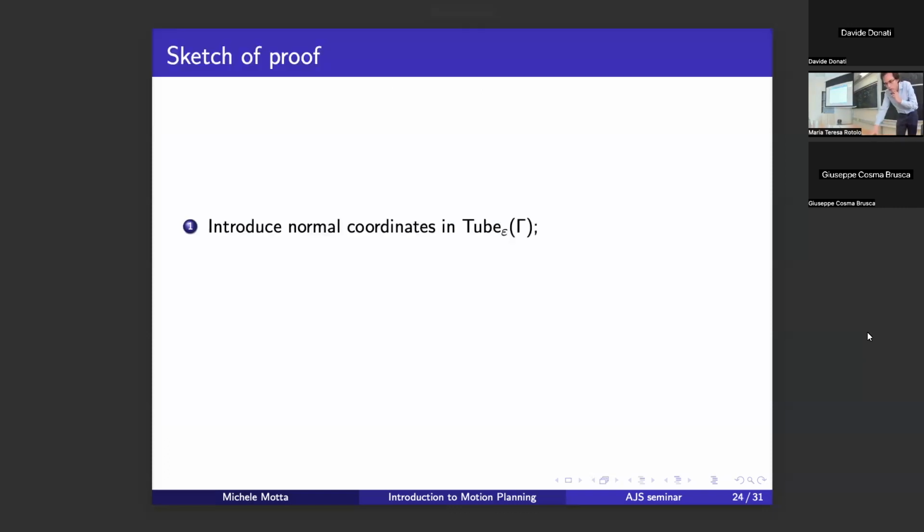Okay, so how do we prove this theorem in general? Basically, you want to reduce the general case to the Heisenberg case. To do this, first you introduce normal coordinates in the tubular neighborhood of the curve, because we are interested only in what happens in this tubular neighborhood. So in principle, you rectify the curve.